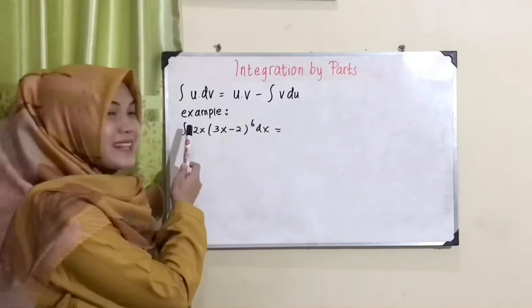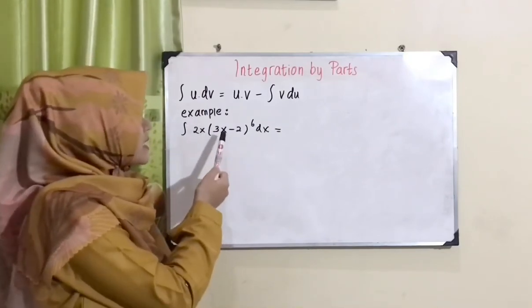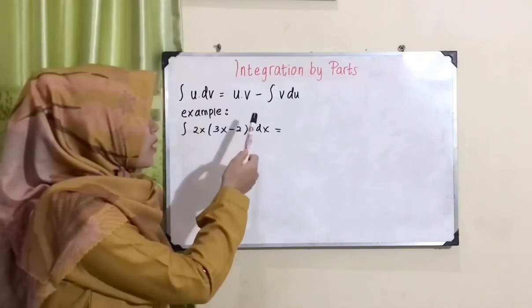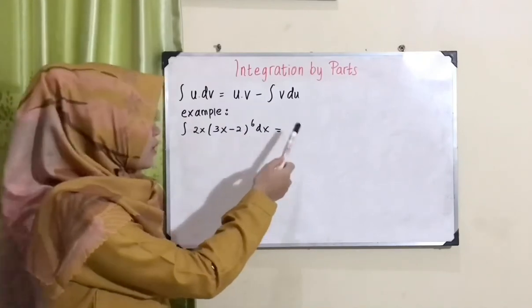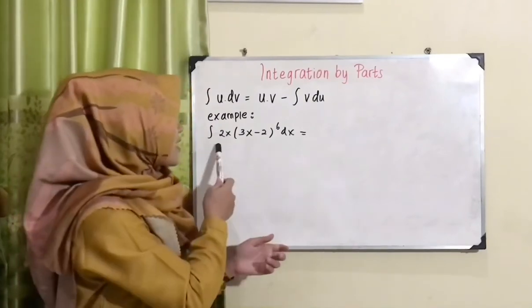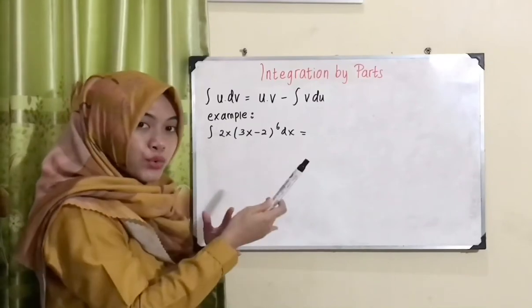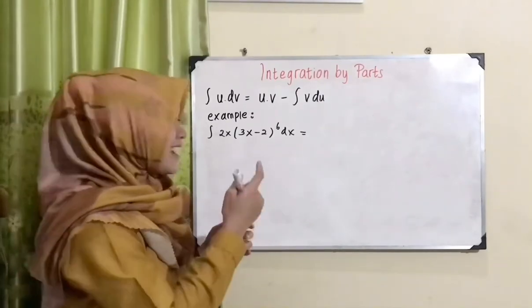Okay, example: if I have the integral of 2x times (3x minus 2) to the power of 6 dx, if we use substitution rules, we cannot change the variable x to u. Okay, let's try.